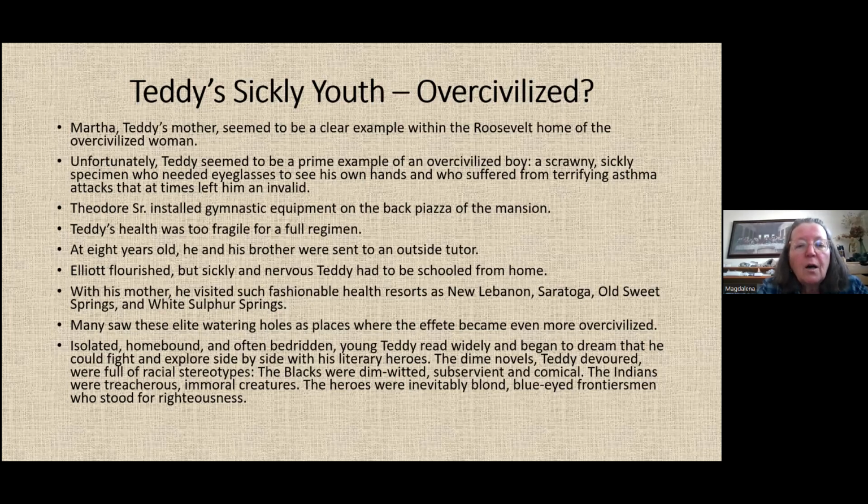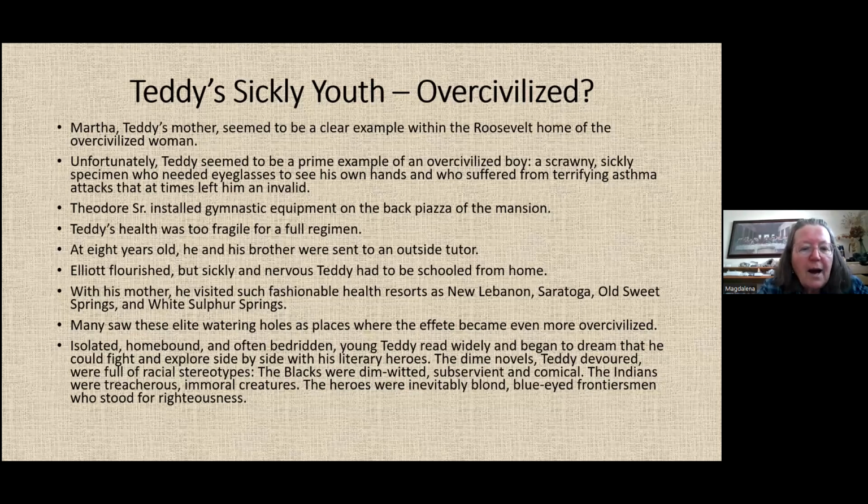So he did not go to an outside tutor. The tutor came to him. With his mother, he visited such fashionable health resorts as New Lebanon, Saratoga, Old Sweet Springs, and White Sulphur Springs. And these elite watering holes were places where the effete became even more over-civilized.